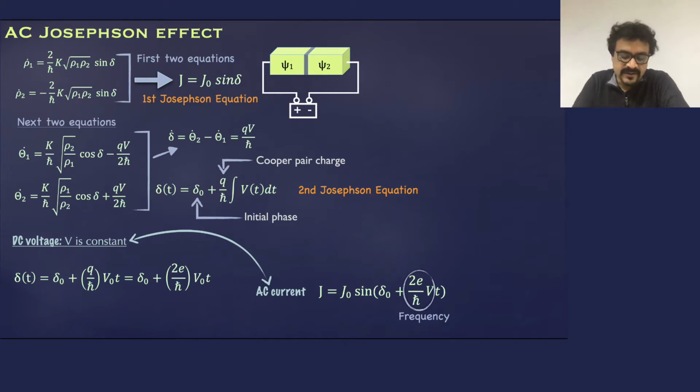From the first two equations, which are on the time rate of change of the Cooper pair density, ρ1 and ρ2, where ρ1 is on the ψ1 side and ρ2 on the ψ2 side, we got the first Josephson equation, which gives the current density as a function of the phase difference of the wave functions between the two sides.